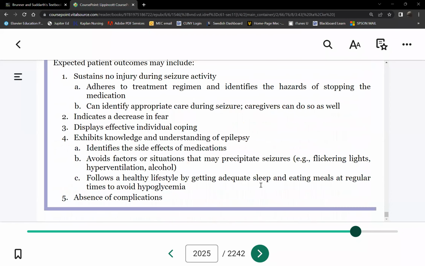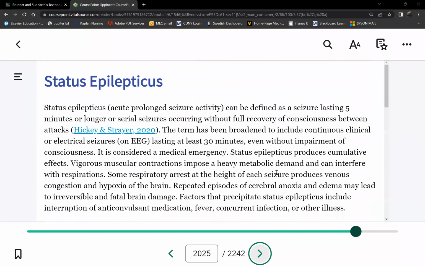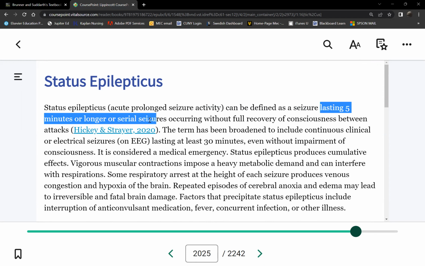Let's go to status epilepticus. So here is the emergency. It is 5 minutes or longer. Status epilepticus is a seizure lasting 5 minutes or longer, or if a patient has more than one seizure within a 30-minute span.